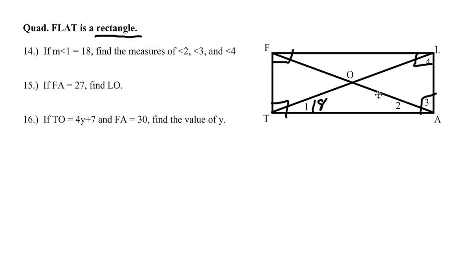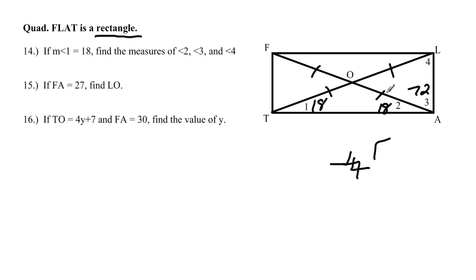and we're asked to find the measures of angles 2, 3, and 4, well, first, we say in a rectangle, all these pieces end up being equal because the diagonals bisect each other and these diagonals are congruent. So angle 2 must also be 18 because we have an isosceles triangle down here. Now angles 2 and 3 have to add up to 90, so this angle here just has to be 72.